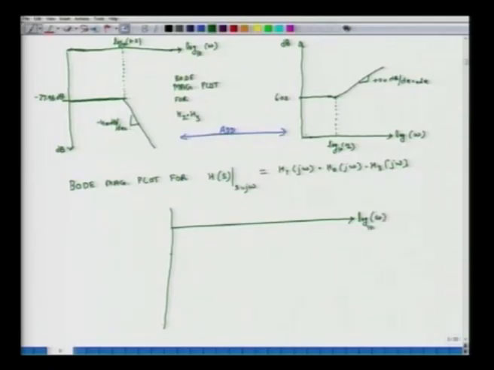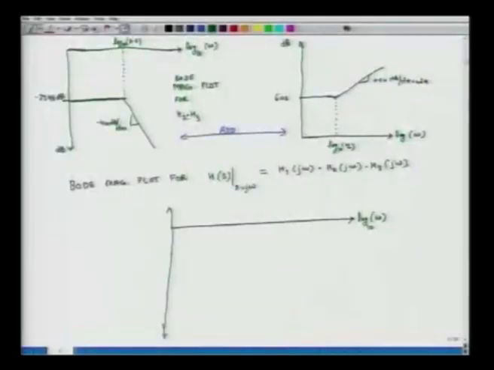Once again, my horizontal axis is a logarithmic axis where I am plotting omega. On the vertical axis I am plotting decibels. What we see here is that up to omega equals 0.2, the response curves are essentially straight lines.